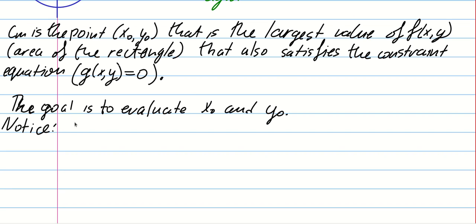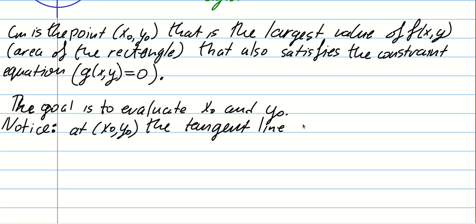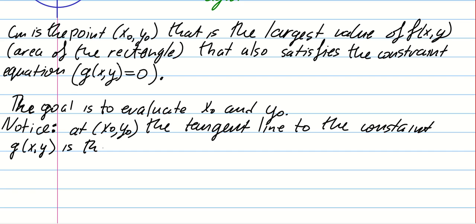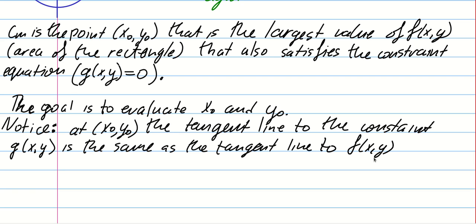We're going to notice the following: at x sub 0, y sub 0, the tangent line to the constraint, which is g of x, y, is the same as the tangent line to f of x, y equals c sub m.